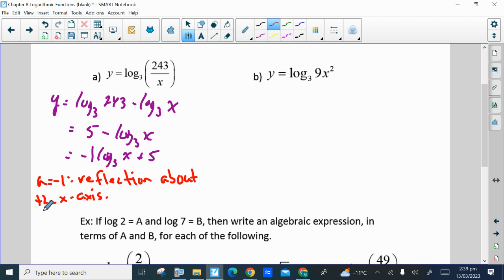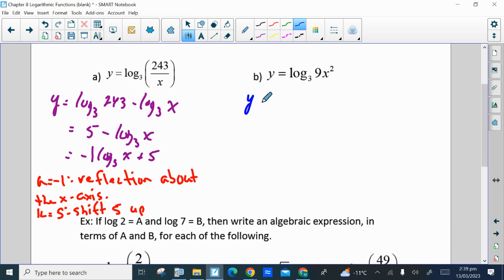And then you've got a k value of positive 5, which means the graph is going to shift 5 up. So compared to y equals log base 3 of x, this one will be reflected over the x-axis and shifted 5 units up. Those are the transformations that we would need to apply in order to transform it from log base 3 of x.